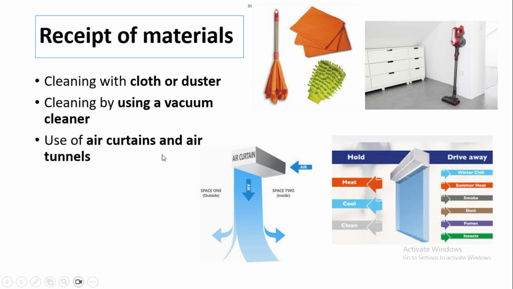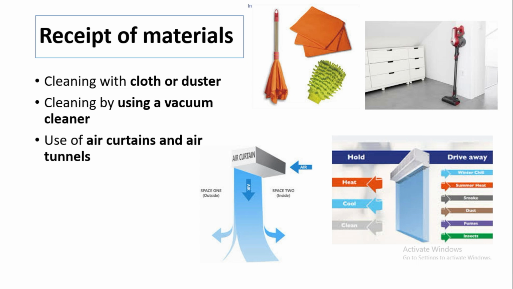Use of air curtains and air tunnels. This is very important nowadays because there can be small microbes and microorganisms, and we will not know how they have entered our warehouse area.